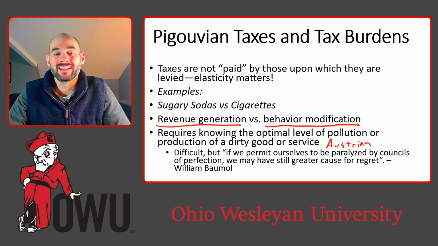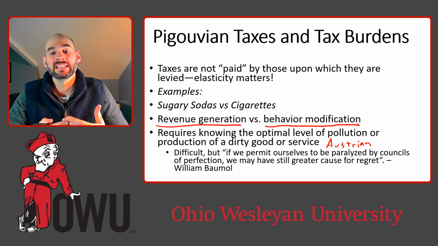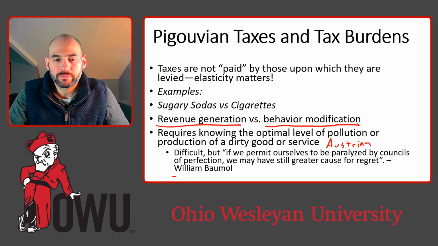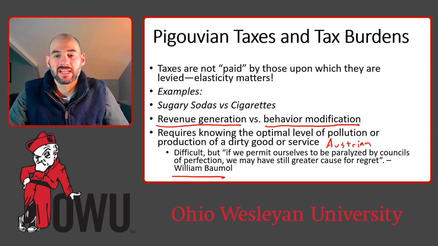So whether or not you think that's a legitimate critique depends on your faith in the ability of scholars, of economists, of academics to be able to actually estimate some of these marginal social cost curves or marginal social benefit curves, and also your adherence more or less to this quote by William Baumol, who's a famous economist, which says, if we permit ourselves to be paralyzed by counsels of perfection, we may have still greater cause for regret.